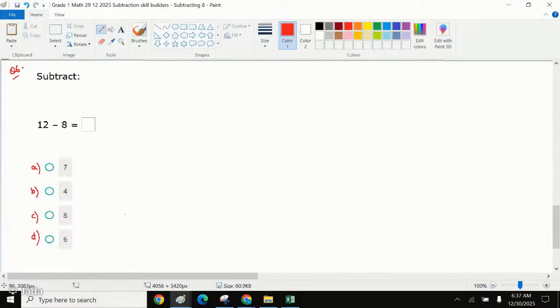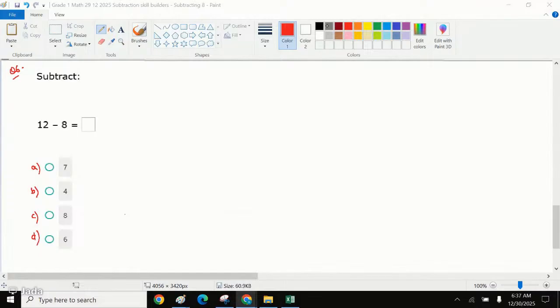Right? So once we look at these options, what is 12 minus 8? We can use the grid or we can write down the numbers.